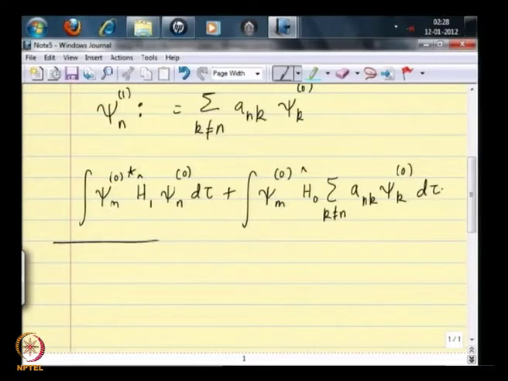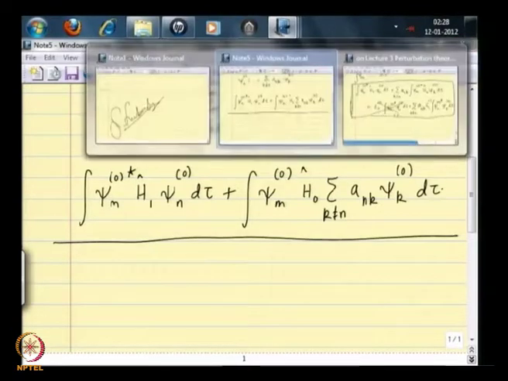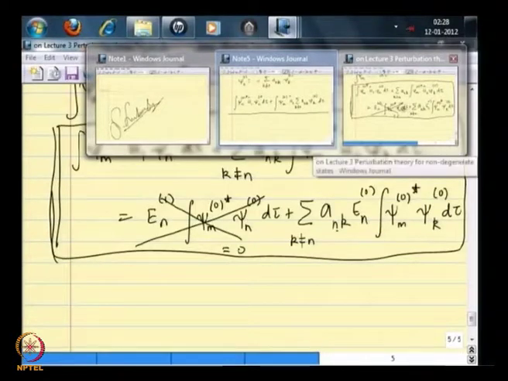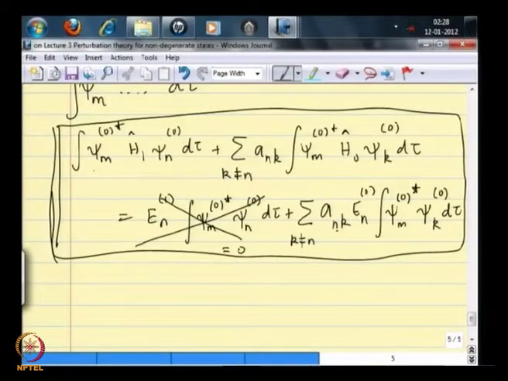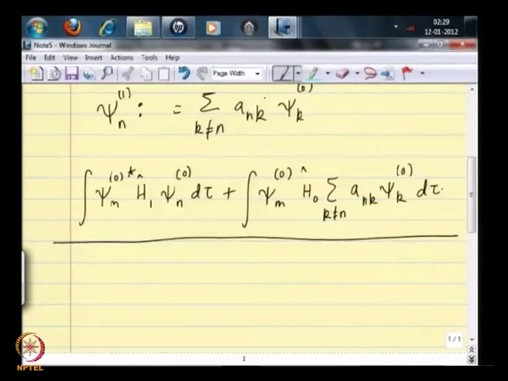Okay. This was the left hand side. Let us check that that is what we have. Psi m0 star H1 psi n0 d tau plus sum over k not equal to n a n k psi m0 star H naught psi k0. Yes, that is what we have. That is on the left hand side.